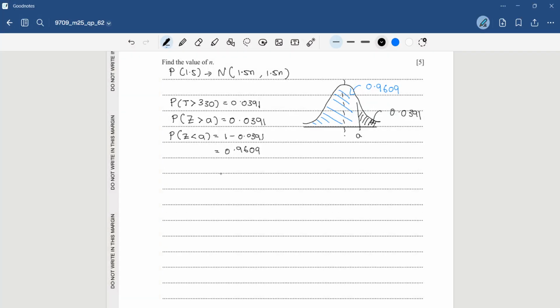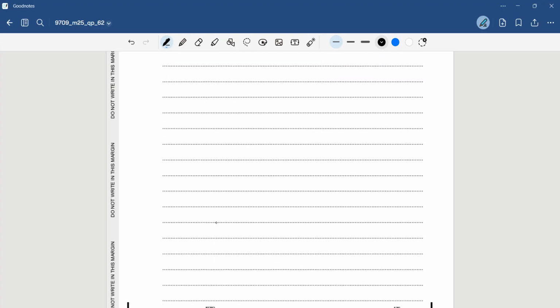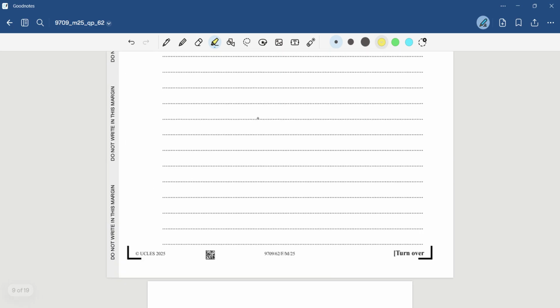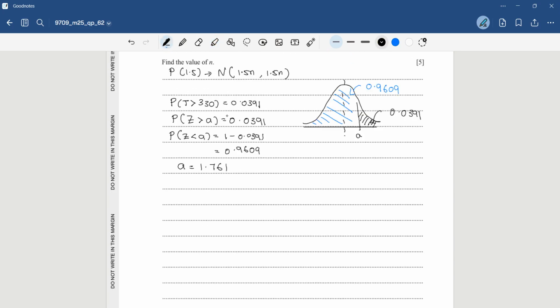So it's going to be a equal to 1.761. Correct? I should highlight here: 6 and 1, correct. So a is 1.761.